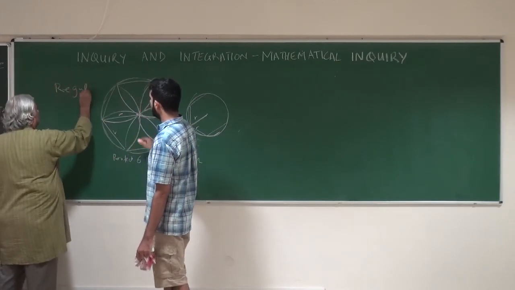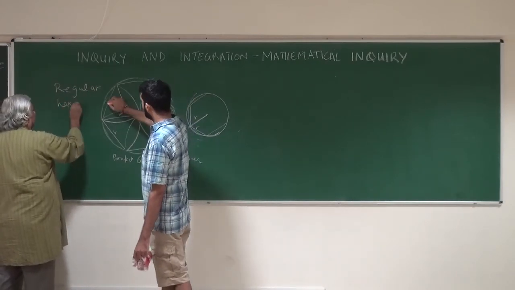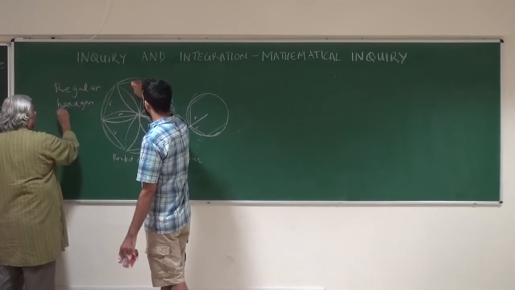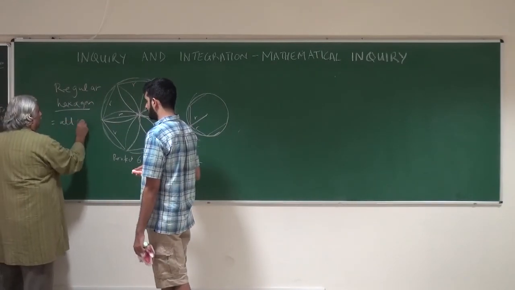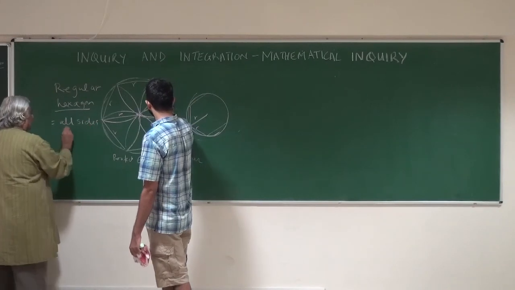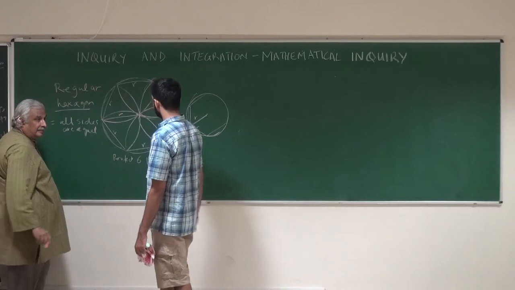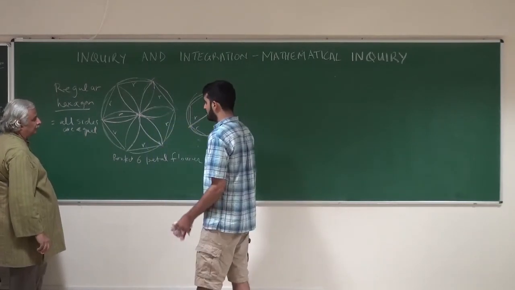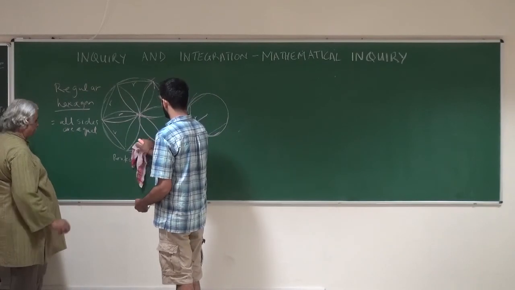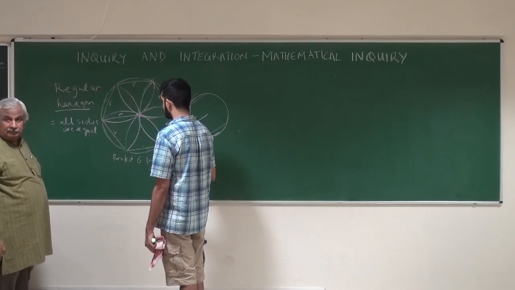What's a regular hexagon? A regular hexagon is one where all the sides of the hexagon are of equal length, and it is convex. That at least 5 sides are equal is obvious because each is the radius, the same length. But the question is, how come the 6th one lands exactly at that spot?